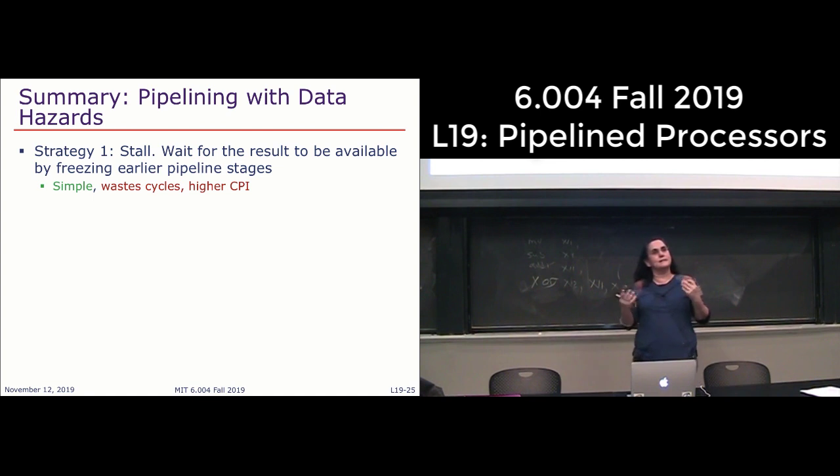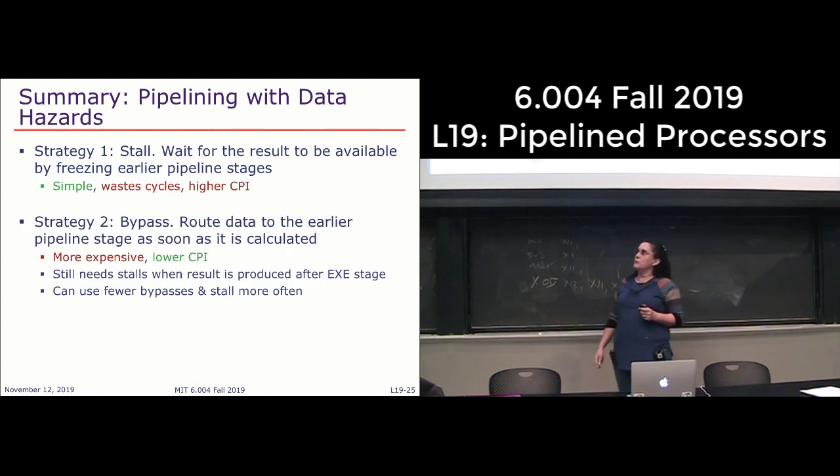In order to deal with data hazards, we said that the first strategy that we can follow is to stall the pipeline. The advantage of this is that it's very simple to implement, but it increases our CPI the most. And so that's going to have an effect on our performance. Strategy 2 was bypassing.